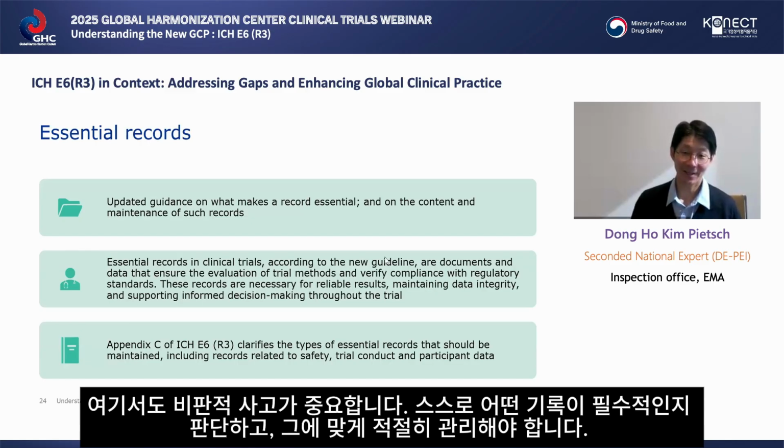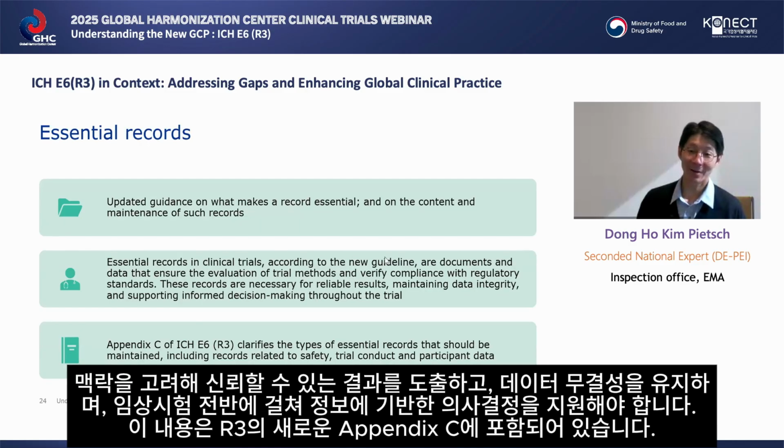Here again, do your homework, and determine what you consider essential, and then it needs to be handled accordingly. Look at the context: what is necessary for reliable results, to maintain data integrity, and to support informed decision-making throughout the trial.